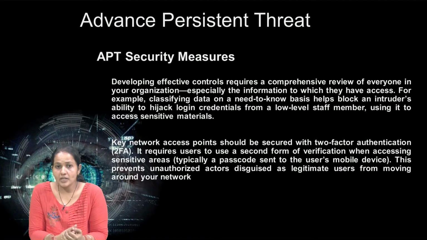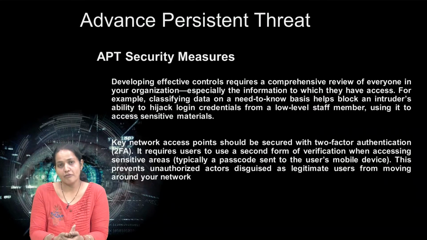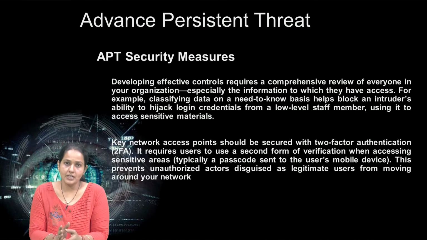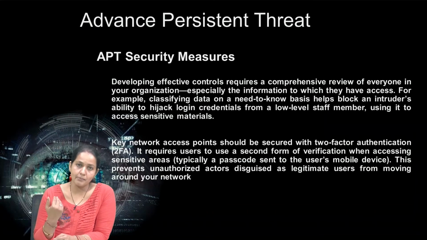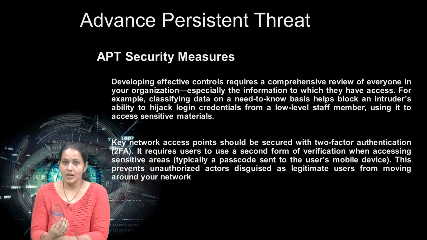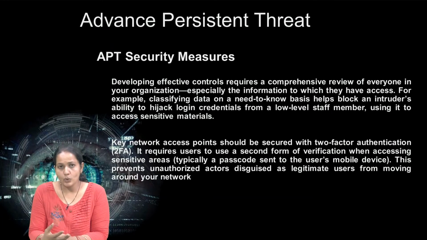The key network access points should be secured with two-factor authentication, 2FA. It requires the user to use a second form of verification when accessing sensitive areas. Once you have entered with your credentials, if you touch other authorized information, it will ask again for a credential or an access code.